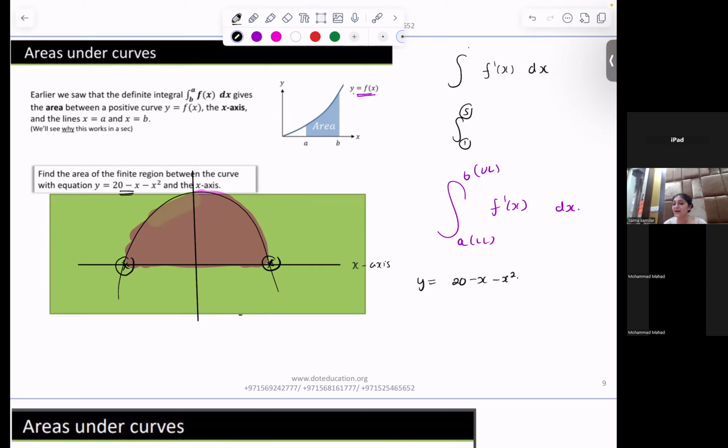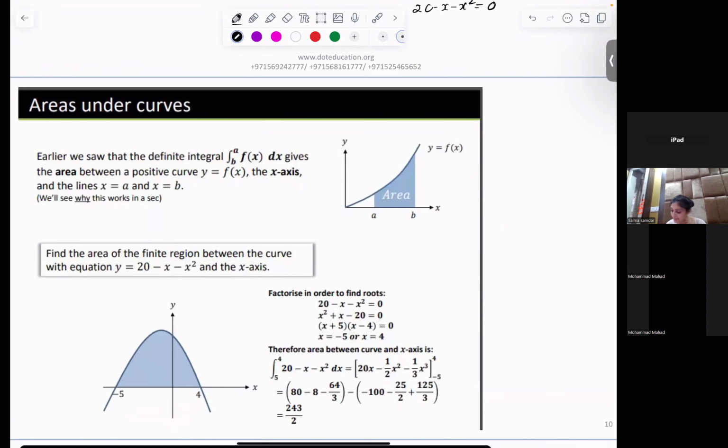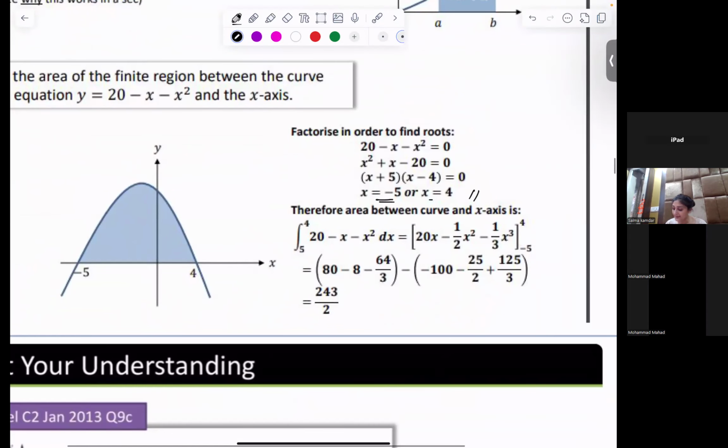I'm not directly applying integration; I'm first finding the boundaries. This is important to understand over here. So I will take this part: 20 minus x square is equal to 0. I will solve this properly and I would get my x coordinates. I hope you're with me.